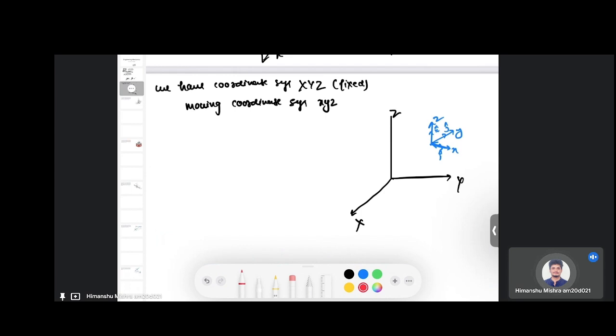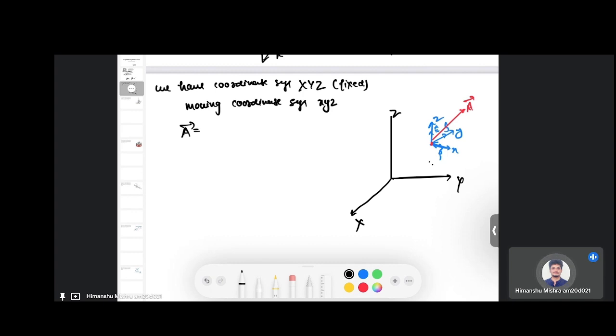And let's say there is some vector A which I am specifying. So I can specify the vector in a moving coordinate system.